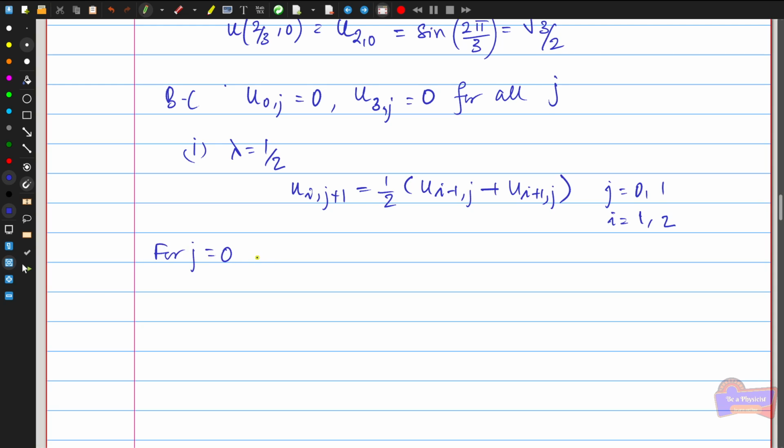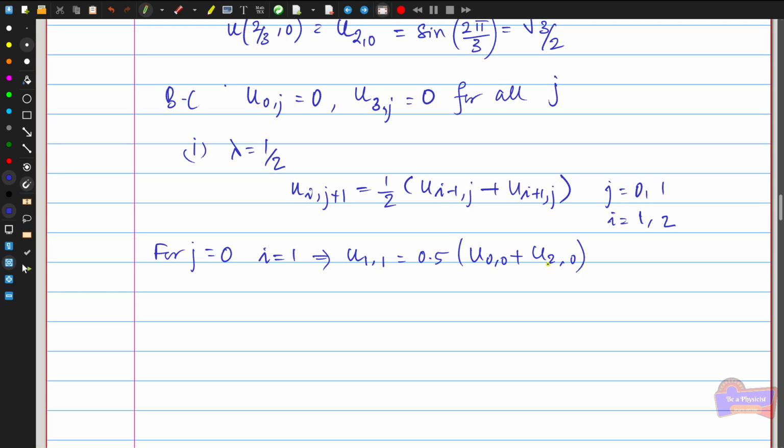j equal to 0, we find the solution for I equal to 1 as well as I equal to 2. Substituting, u of 1 comma 1 can be written as 0.5, so 1 by 2, times u of 0 comma 0 plus u of 2 comma 0.